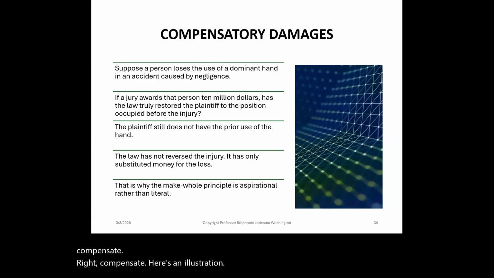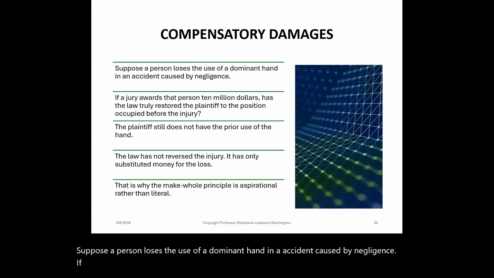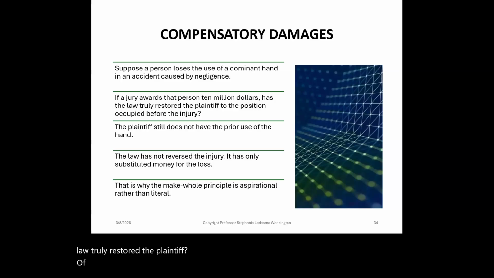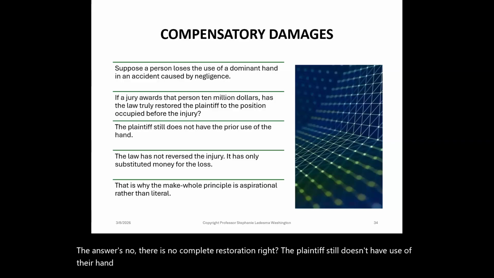Suppose a person loses the use of a dominant hand in an accident caused by negligence. If the jury awards the person that just lost the use of their dominant hand $10 million, has the law truly restored the plaintiff? Of course not. The answer is no. There is no complete restoration, right? The plaintiff still doesn't have use of their hand as they had it prior to the injury.